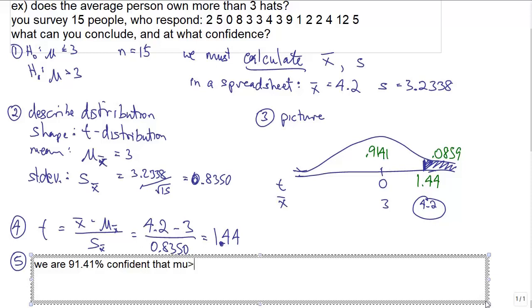So that's mu is greater than 3, meaning the average person owns more than 3 hats. Okay. And we can also note that the p-value equals 0.0859.